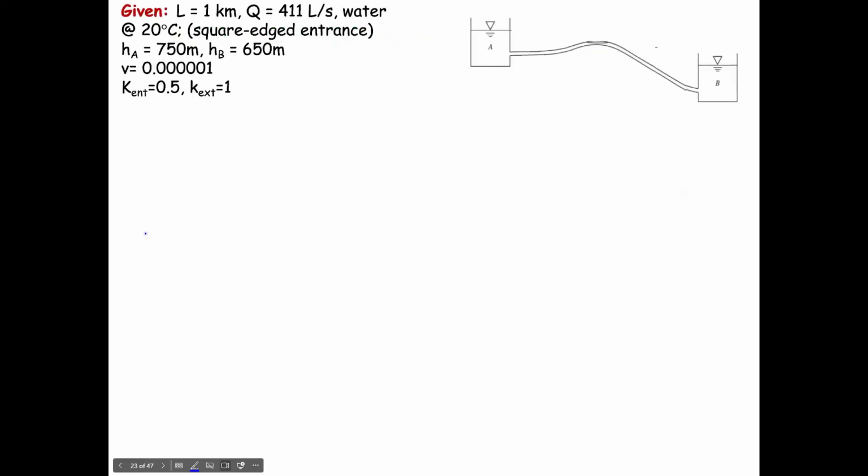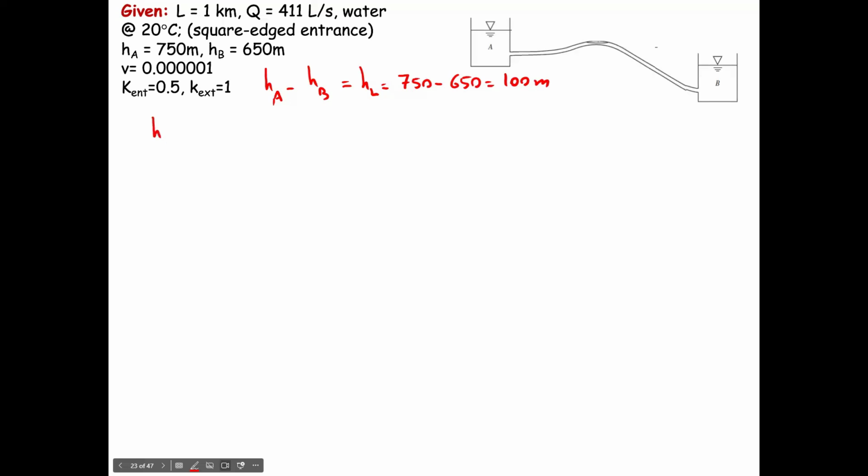Again, I will start to write the Bernoulli or energy equation one more time. HA minus HB equal to all losses, and you have HA, you have HB, so it's 100 meter.